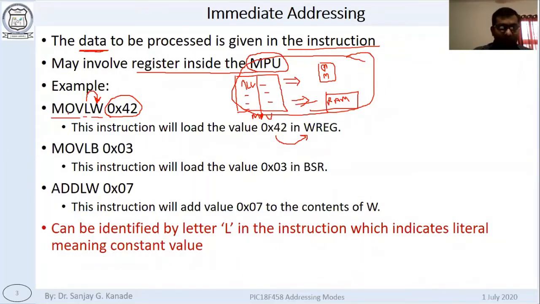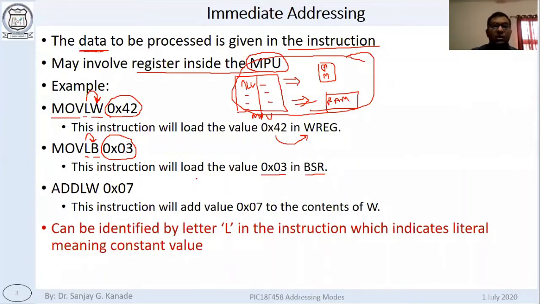Another example of the instruction, MOVLB 03. We have also used this instruction already. What this instruction does, it loads the value 03 into BSR, the bank select register. Again, here you can see the value that we actually want to copy into BSR is given directly in the instruction itself.